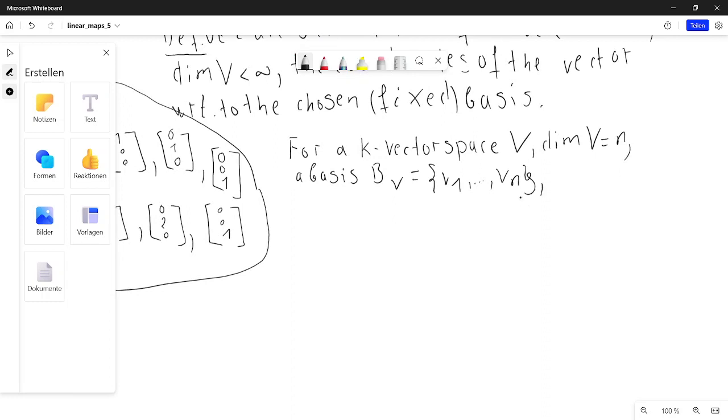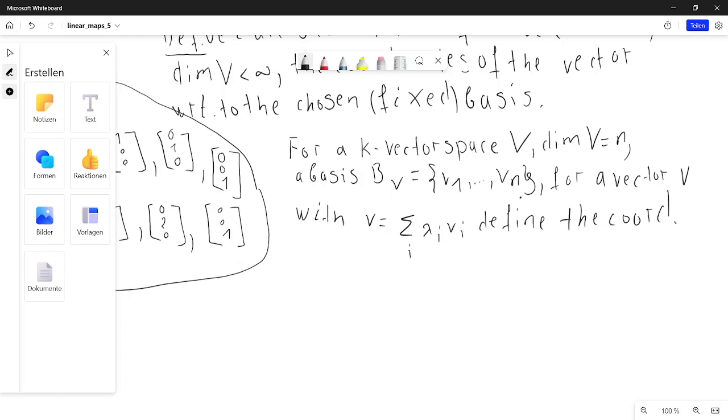For a vector v with, as we know, unique representation as the sum of lambda_i e_i, I define the coordinate vector of v as big phi, with the basis indicating with respect to which basis we have coordinates.